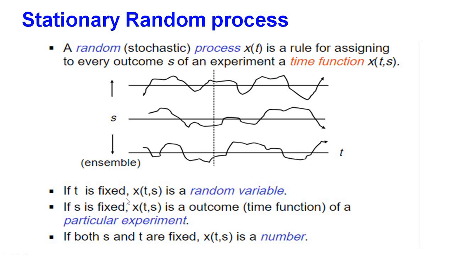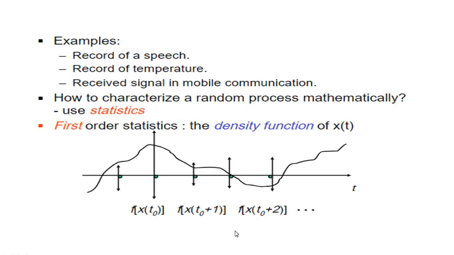If t is fixed, x of t comma s acts as a random variable. If s is fixed, x of t comma s is the outcome time function of a particular experiment. If s and t are fixed, x of t comma s is a number. Examples of random processes and stationary random processes: a record of speech, a record of temperature, a received signal in mobile communication.